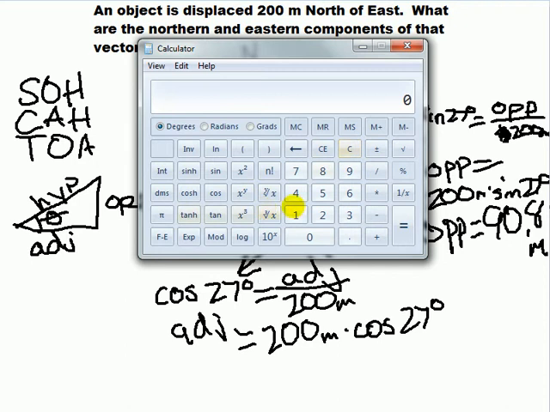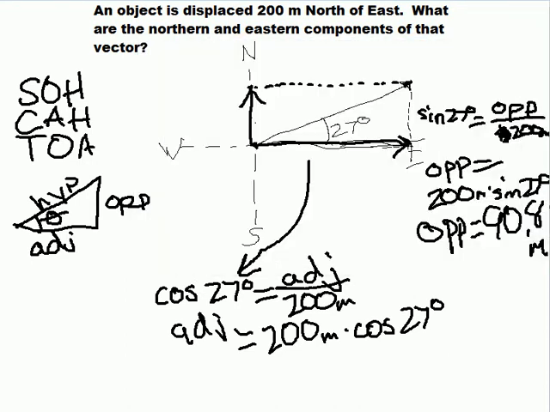Clear. 27 cosine times 200 meters equals 178.2. So here, our adjacent is equal to 178.2 meters.